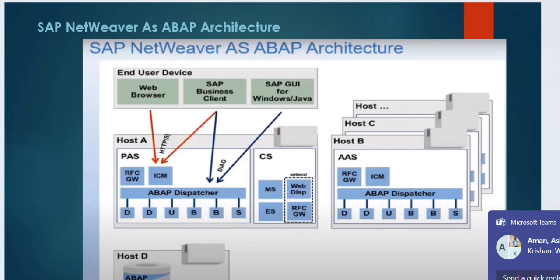SM12. Good. So in SM12, you can see these locks. The locking mechanism means it will not release that table until that transaction is completed and committed on the database level.